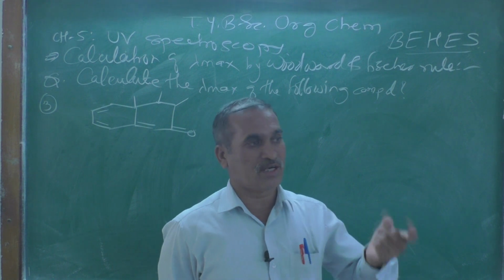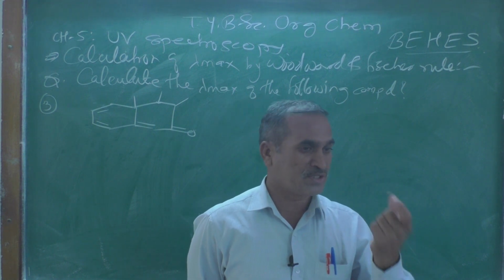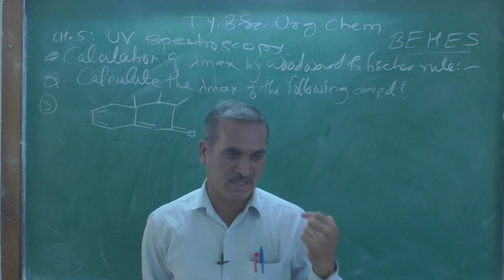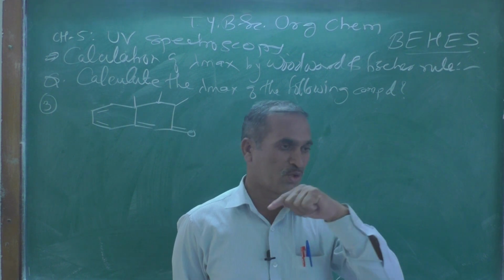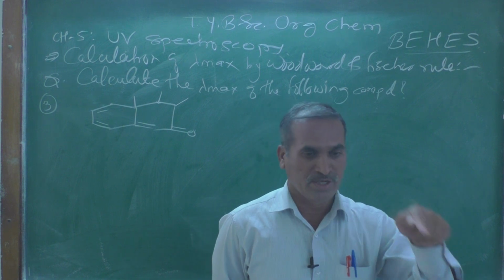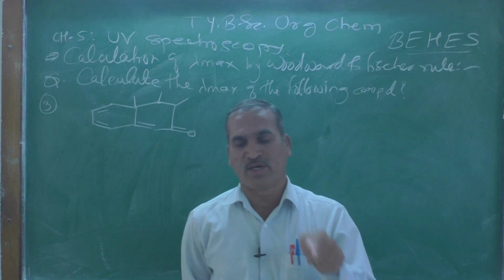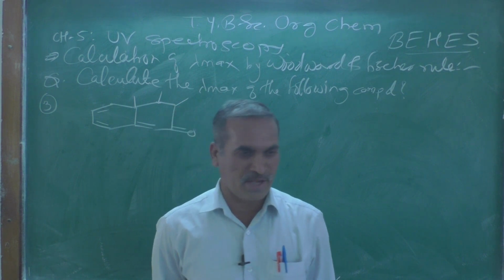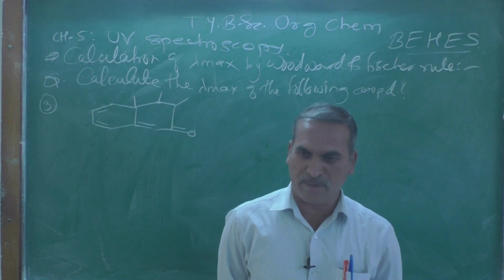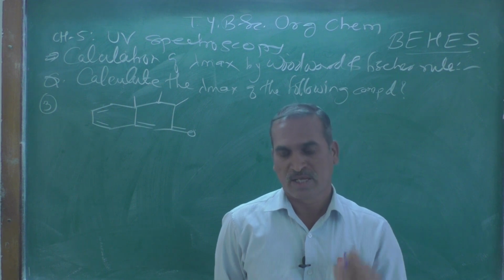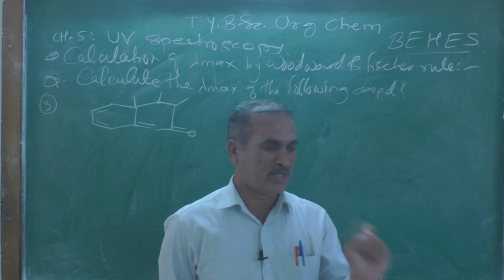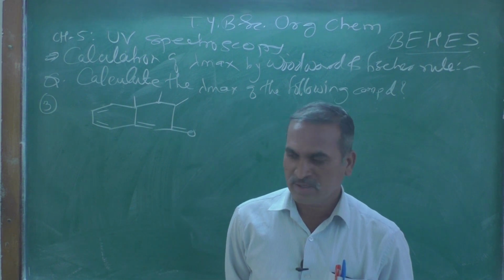Whenever there is a conjugated system, meaning the chromophore, don't go to either side; you have to consider only the conjugated system, and then you can label it alpha, beta, gamma and so on.